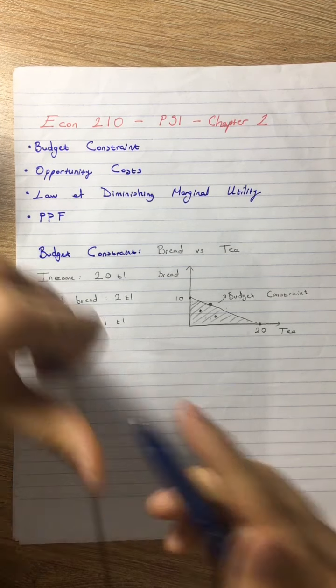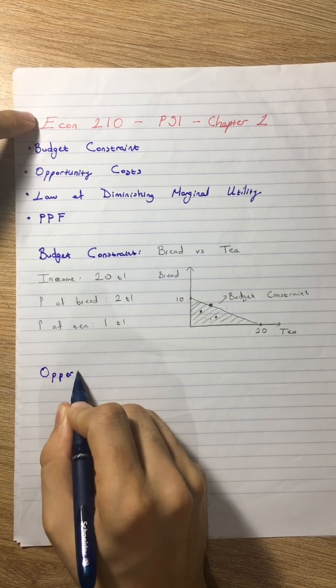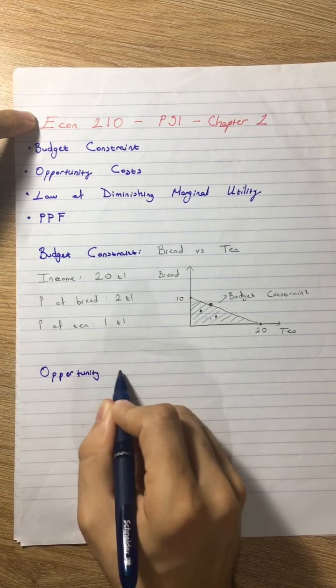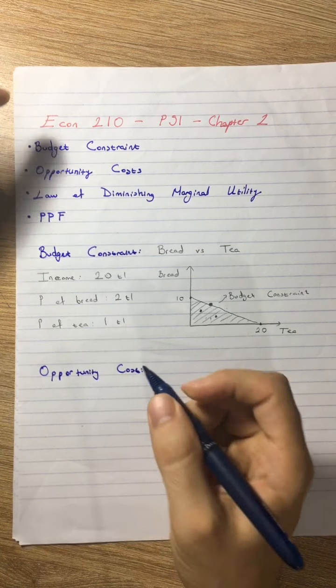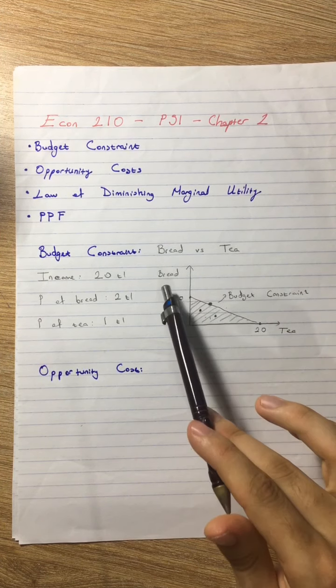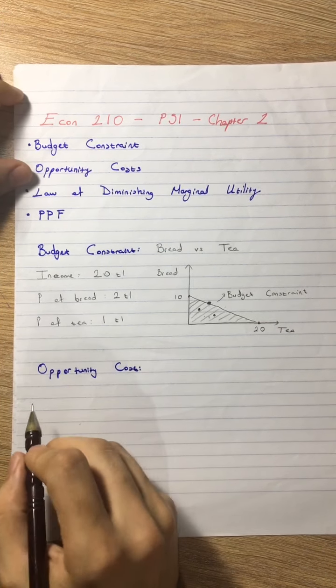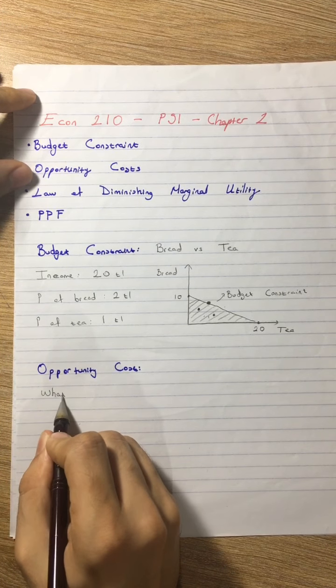Now let's go to opportunity cost. And let's continue understanding opportunity cost with this example. If I ask you, what is the opportunity cost of getting 1 bread in terms of tea, what would you say?